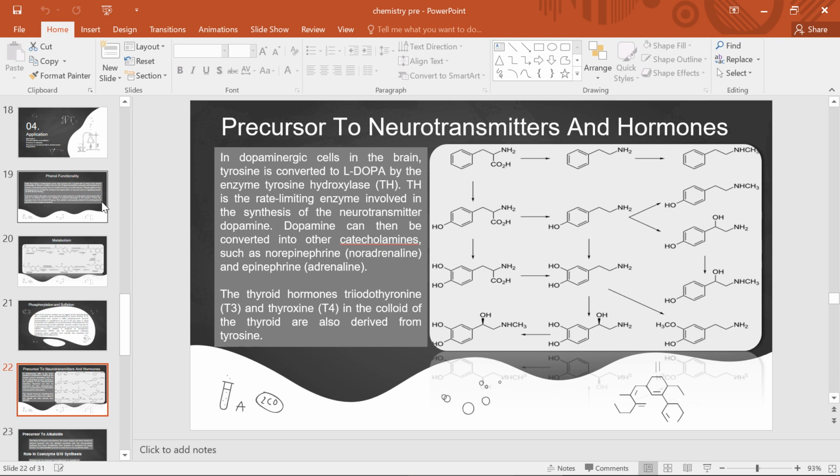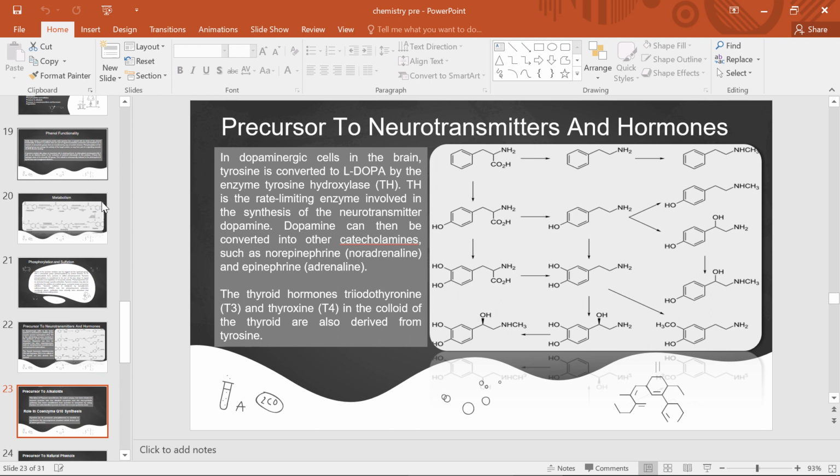Dopamine can then be converted into other catecholamines such as norepinephrine, noradrenaline, and epinephrine, adrenaline, both of which are hormones released by the adrenal glands. The thyroid hormones triiodothyronine and thyroxine, T3 and T4, in the colloid of the thyroid are also derived from tyrosine. Both these hormones are produced by our thyroid glands in our body.